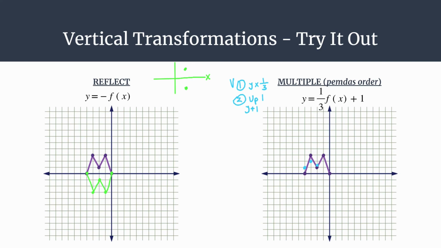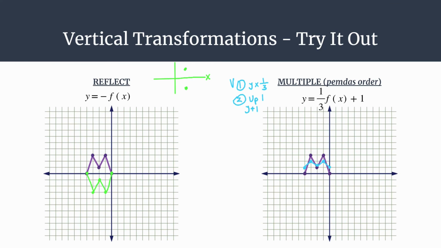Okay, similarly, the fourth one acts like the second since they have the same y coordinate. 1/3 times 3 is just 1, and then shift up 1. And 0 times 1/3 for the fifth point is still 0, and move up 1. So you can see that this has definitely vertically compressed our image, and it shifted it up 1.